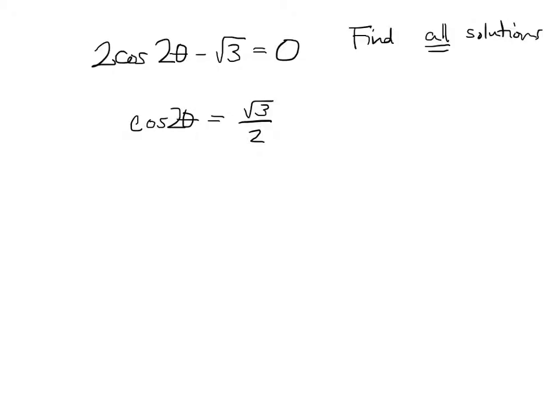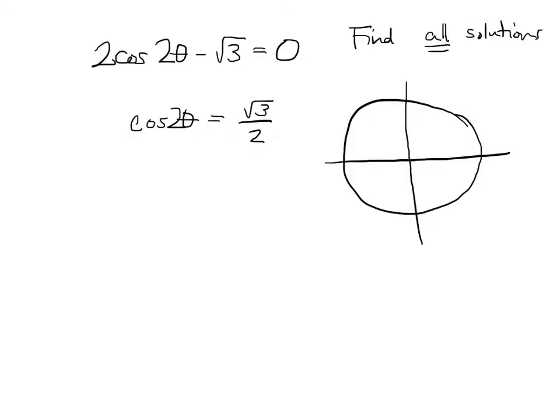Now we're going to find all the solutions, but the first thing we have to do is find the basic solutions, the fundamental solutions, you might call them. Cosine being radical 3 over 2 happens when the angle is pi over 6.